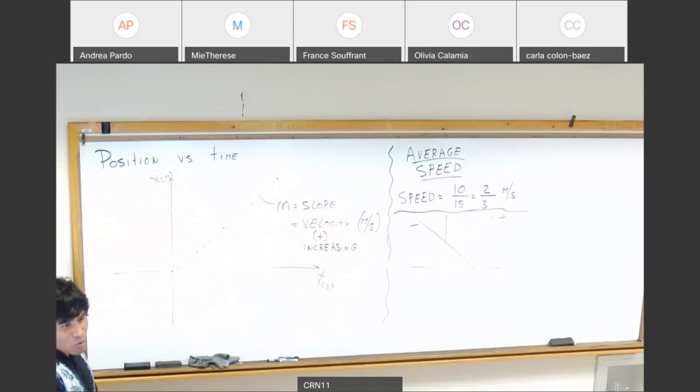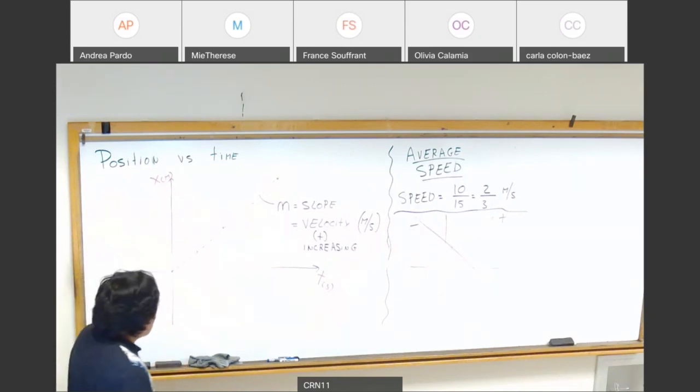The velocity can also increase towards the negative value. That means it's going in an opposite direction. All right. Now, what we see here in these graphs is that in the position versus time, in these cases, the velocity was always constant in a given interval. There is no acceleration. We haven't talked about acceleration in these graphs. Where we will talk about acceleration is in the other graphs, in the graphs of velocity versus time.